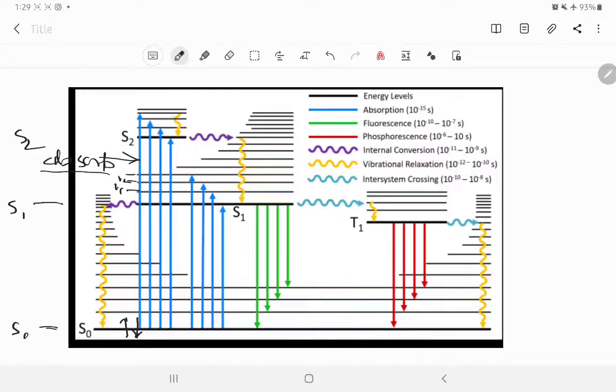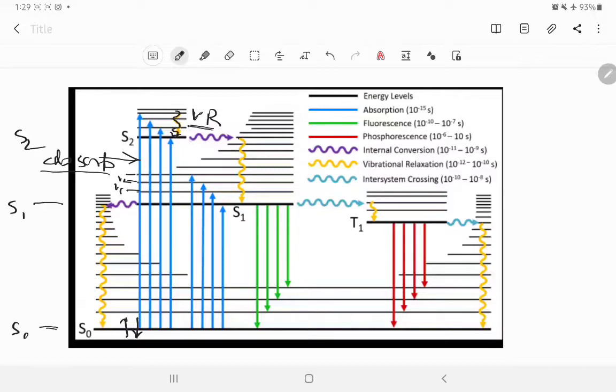These higher vibrational levels are generally unstable. The molecule comes to the ground vibrational level, called vibrational relaxation. This vibrational relaxation is a non-radiative transition.